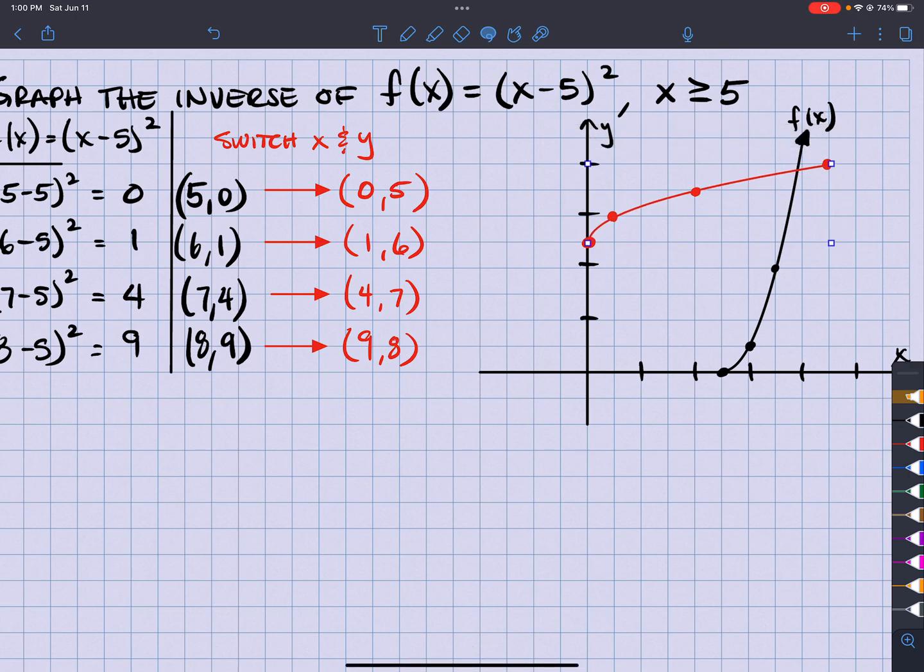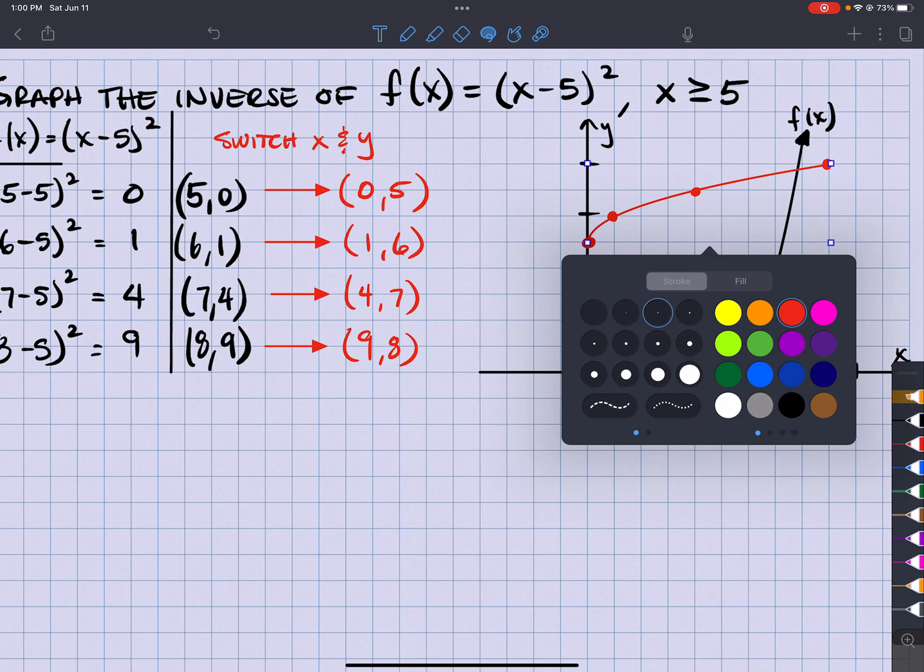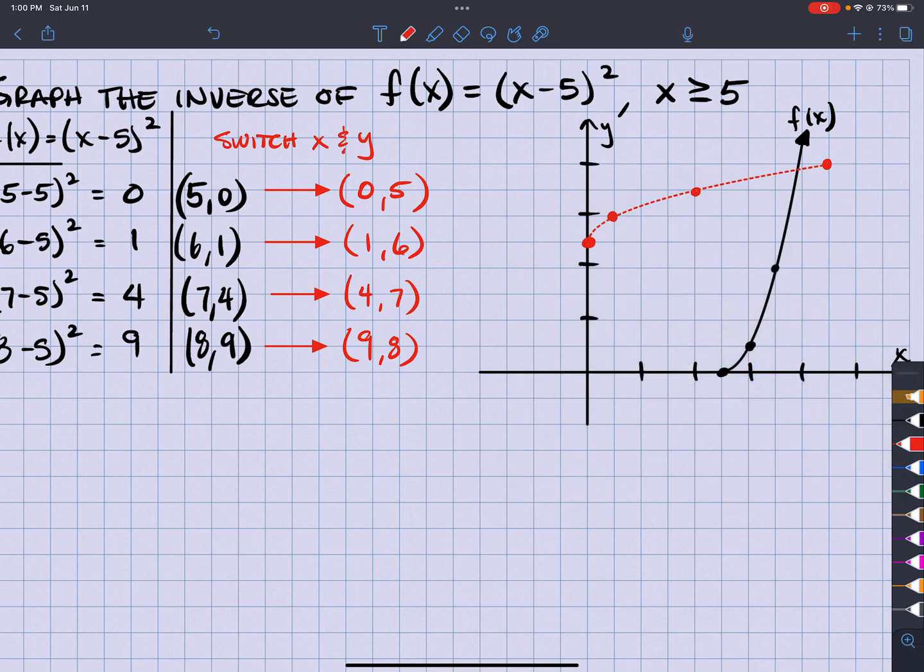Okay, that's the other thing I want to do. I want to make sure that I make this dotted. So this right here will be f inverse of x. So if I look at the choices, this is going to be choice B.